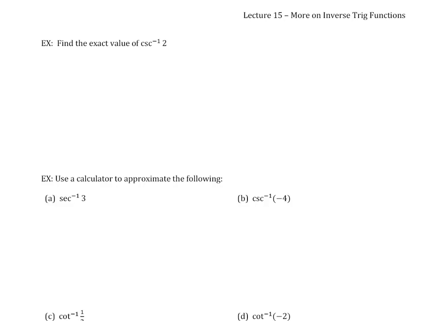In this case, let's say we've got cosecant inverse of 2. So cosecant of something is equal to 2. Let's say theta. Now cosecant is the same thing as 1 over sine of theta is equal to 2. So divide the 2 across and multiply the sine across. What you end up with is 1/2 is equal to sine of theta.